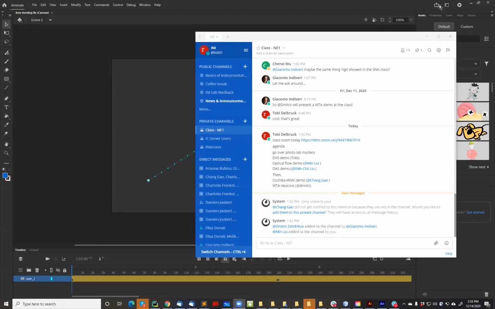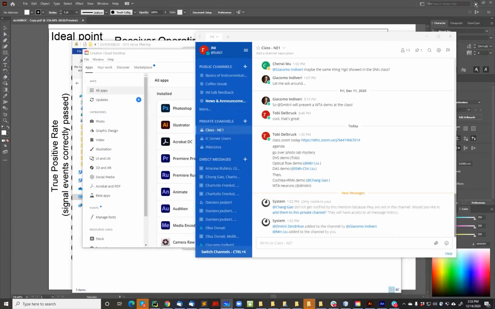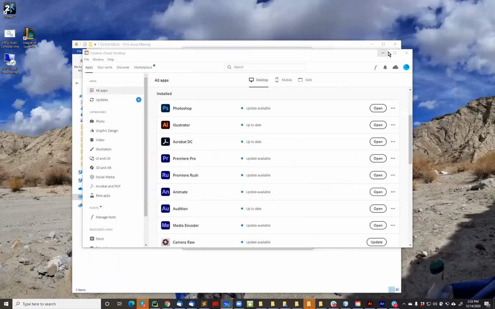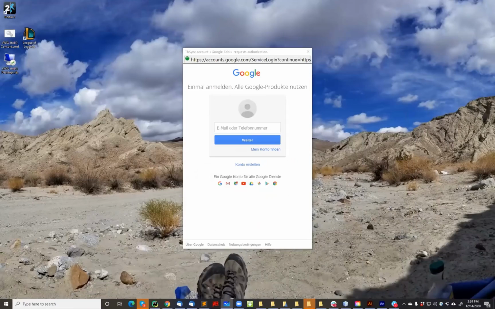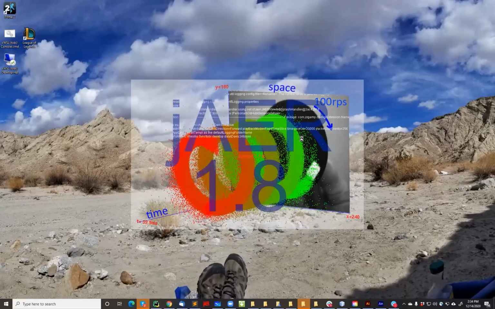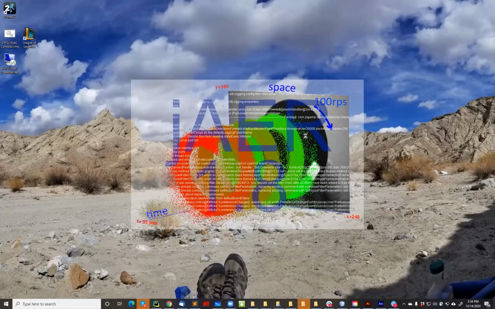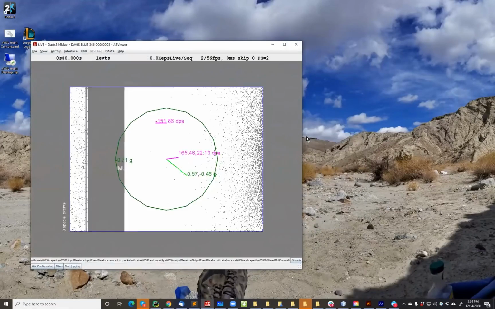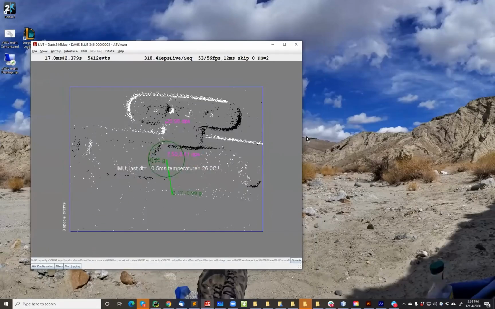Let me hide all of this. Okay, so I've got the camera right here. You see, it's like a USB camera. It's got a USB cable plugged into it.